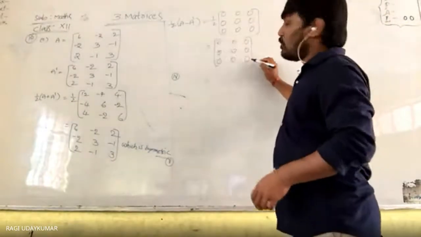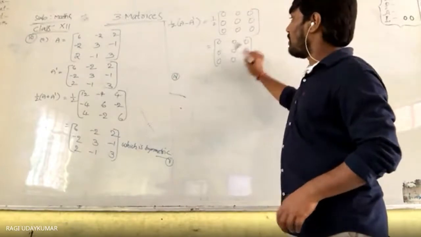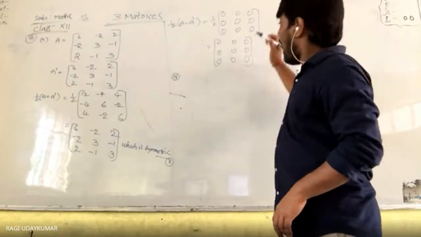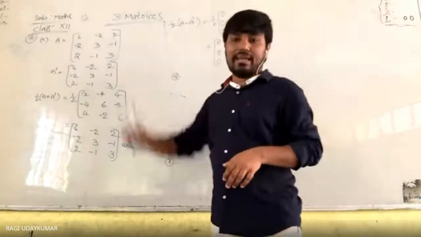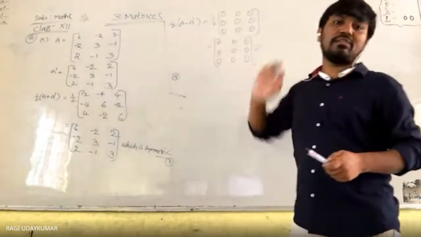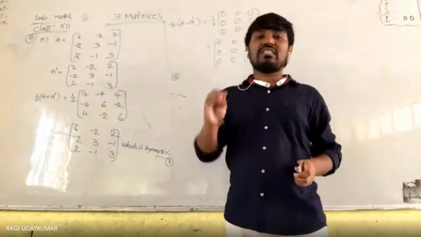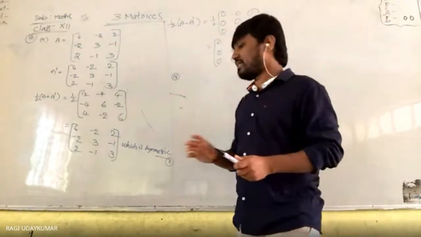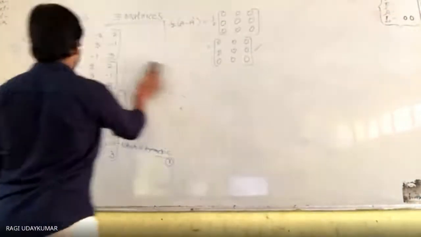You will get a symmetric matrix and a skew symmetric matrix whose elements are additive inverses, and you add these two matrices to get A. So that matrix can be written as the sum of a symmetric and a skew symmetric matrix. Now if you want that problem also, I will explain to you. Which one? Third problem.